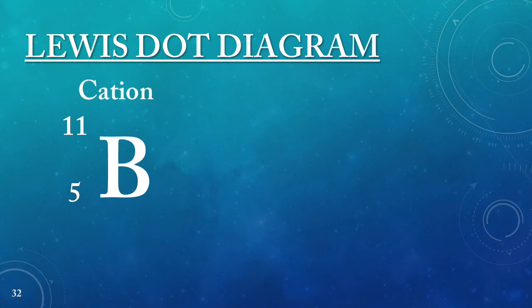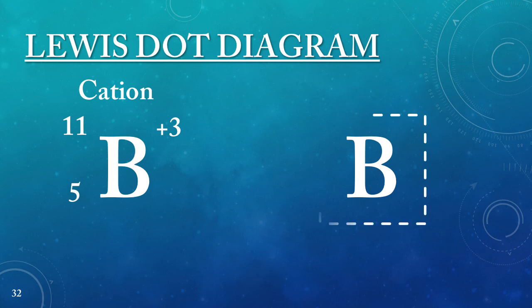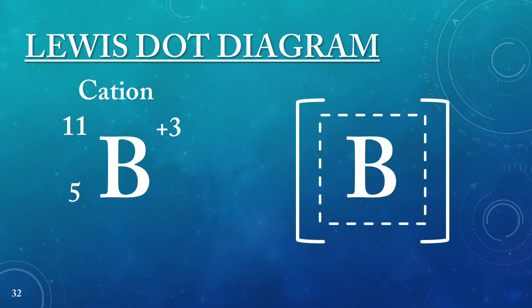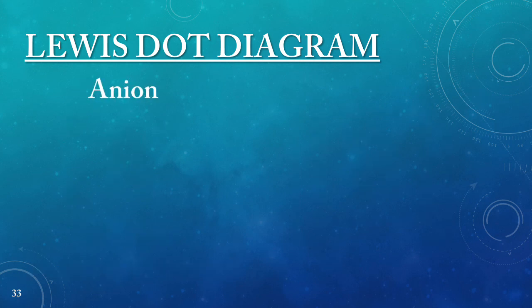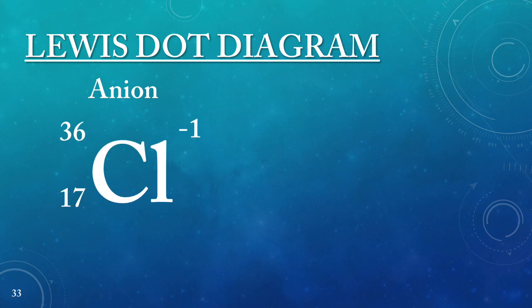Okay, then I get a cation. Cations are going to have the element, the box, no dots, brackets, and I'm going to have to show the charge, in this case a +3. So again, no dots, brackets, and a charge. Let's look what an anion looks like.